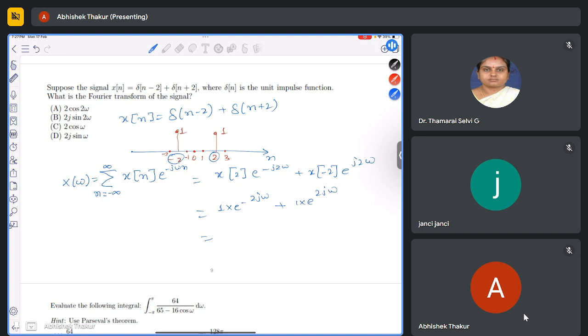What will be the answer? This will be cos of 2 omega minus j sine of 2 omega plus cos of 2 omega plus j sine of 2 omega. The answer will be 2 cos of 2 omega. So the correct answer is option A.